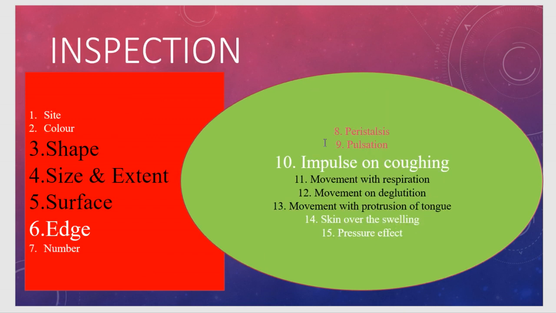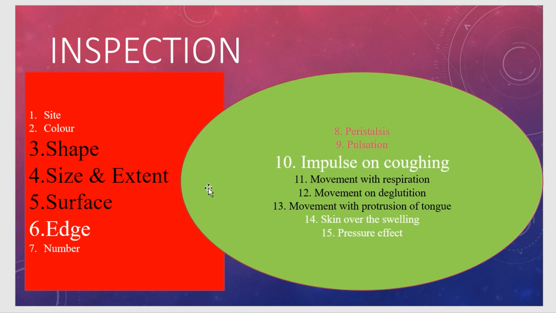Yes, you can see here the larger fonts: the shape, size and extent. Obviously extent we have added here in palpation, but size yes. Then surface, the 3 S's were also there in inspection, and edge, yes, that was there in inspection, and impulse on coughing.